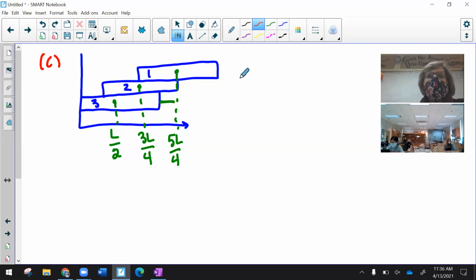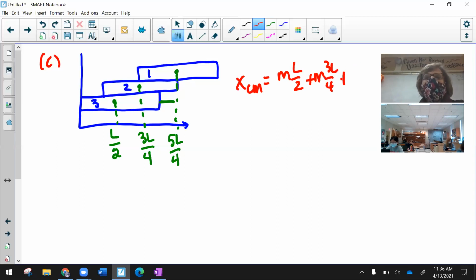So again, I want to find the center of mass. There's block 3, there's block 2, there's block 1.